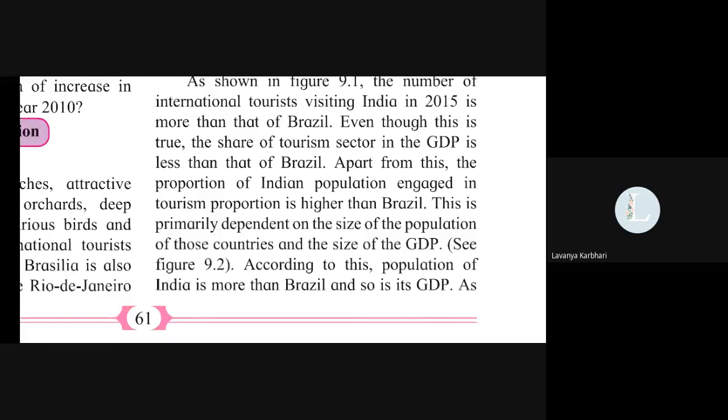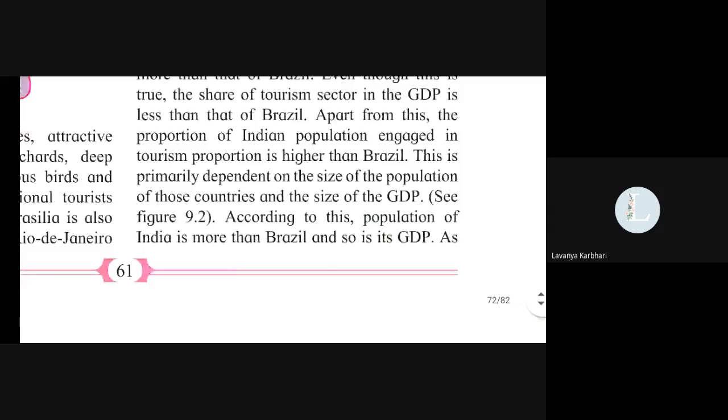Obviously, we have just discussed it. This is primarily dependent on the size of the population of those countries and the size of their GDP. According to this, the population of India is more than Brazil and so is its GDP.